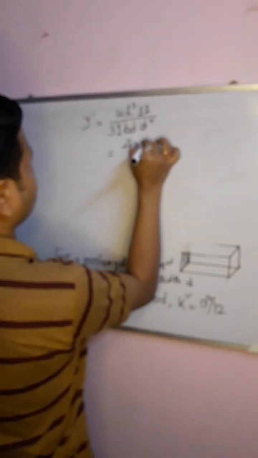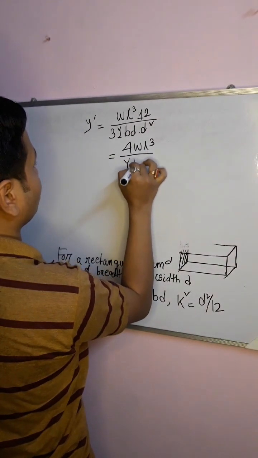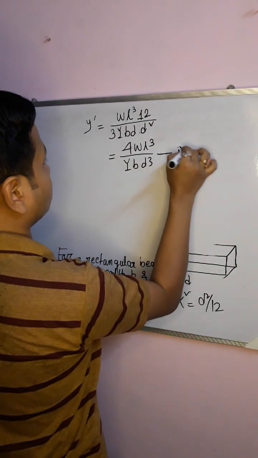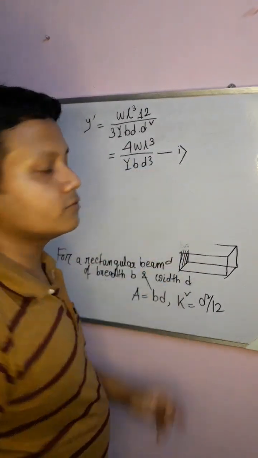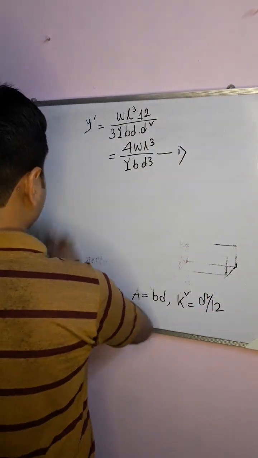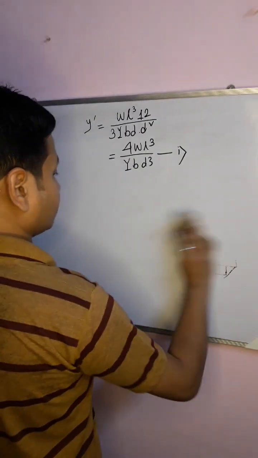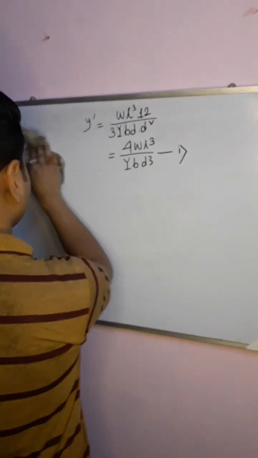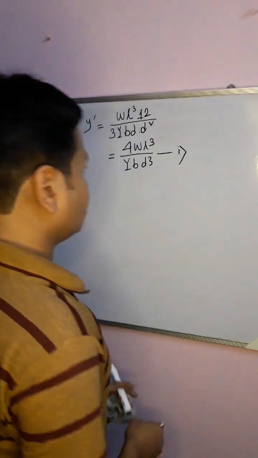So 4 W L cube by Y B D cube. So this is the depression for a rectangular beam. At first we take the general expression and then considering the beam to be a rectangular one, we find this.